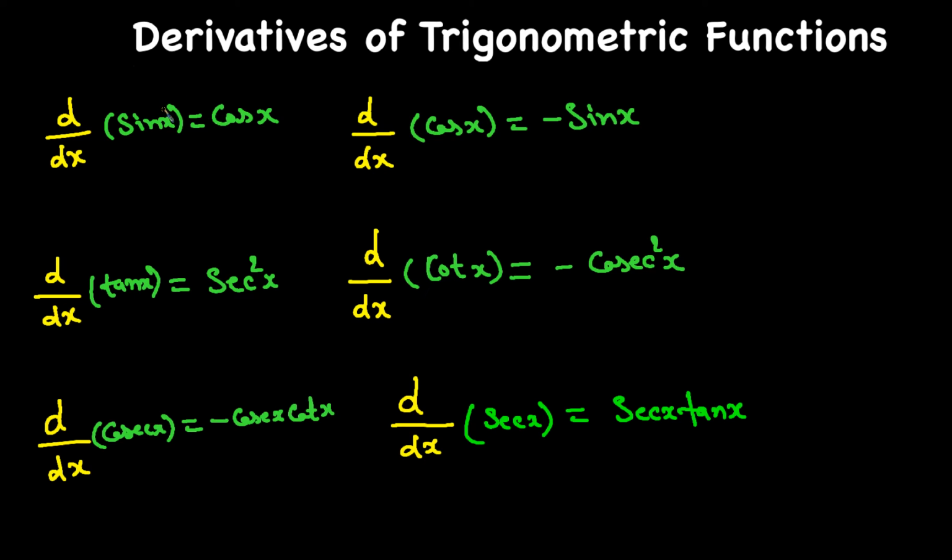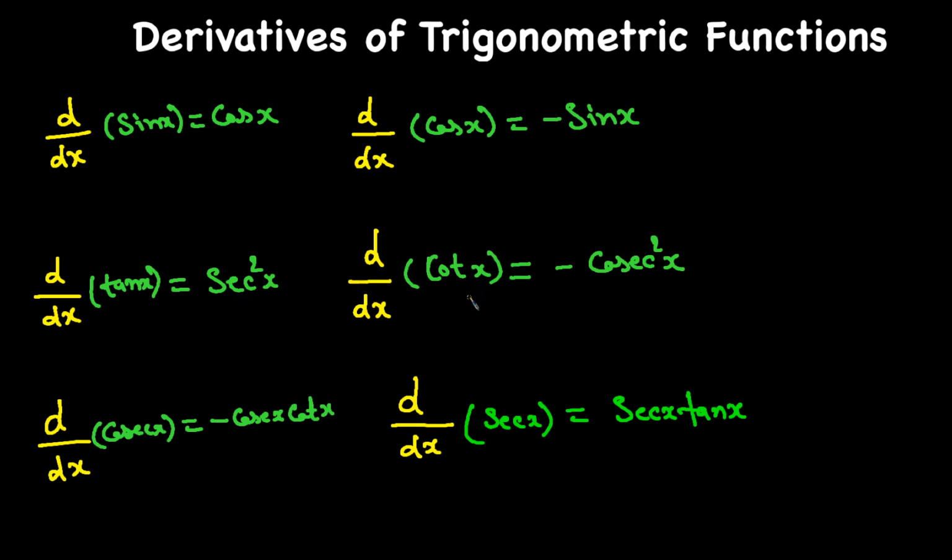So this page shows some of the standard trigonometric functions and their derivatives. The derivative of sine x is cosine x, the derivative of cosine x is negative sine x, and the derivative of tangent x is secant square x.